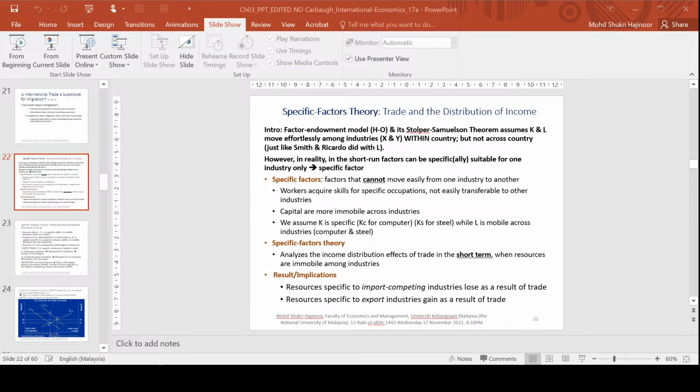On the other hand, resources specific to export-oriented industries will gain from free trade. We'll see this. So, assume K is specific, while L is mobile.